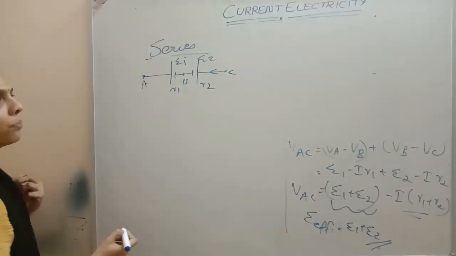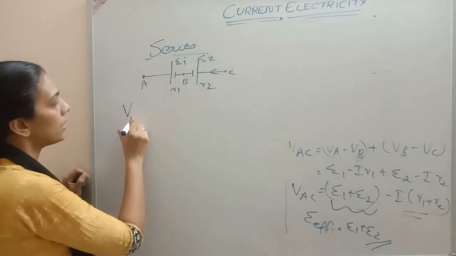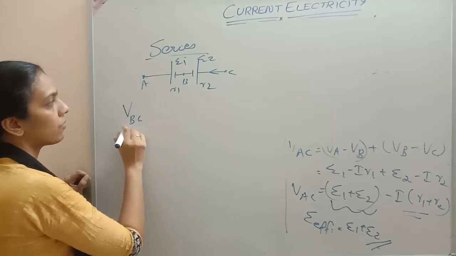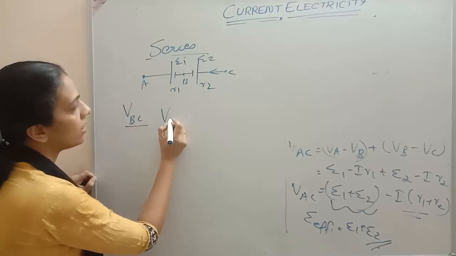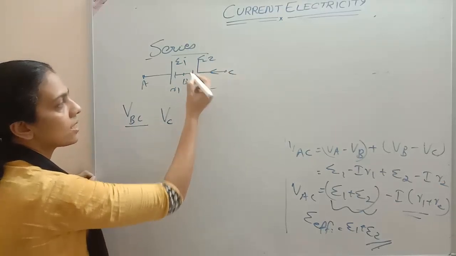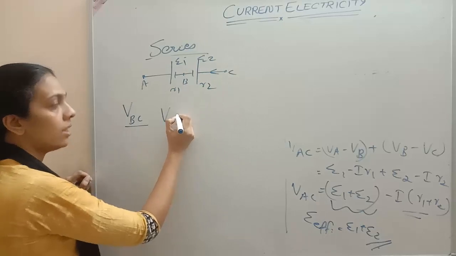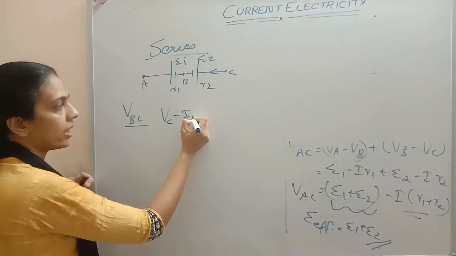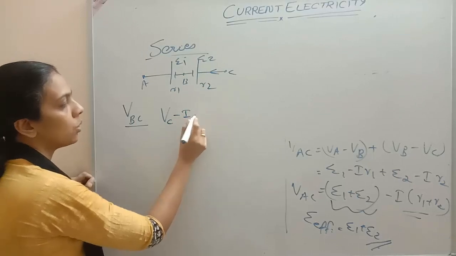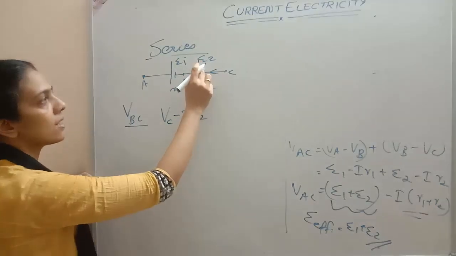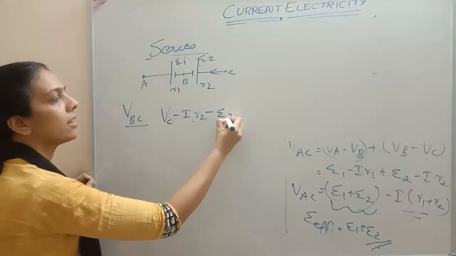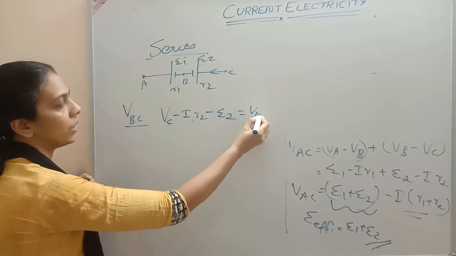Tell me what is VBC, the potential difference between them. Going from VC, this is lower to higher potential, then higher to lower potential, so it is minus I into R2. This is at a higher to lower potential, minus E2, equal to VB.